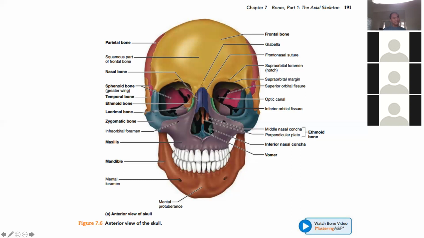This is the nasal cavity, and that's the maxilla, which is part of the facial bone. This is the mandible. Right mandible, left mandible meet in the center. This is called the symphysis of the mandible. There is a prominence, what we call mental prominence.